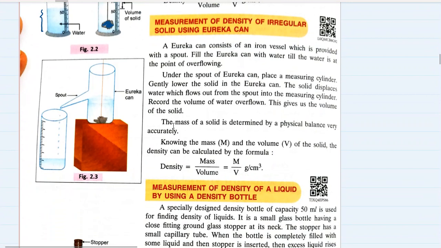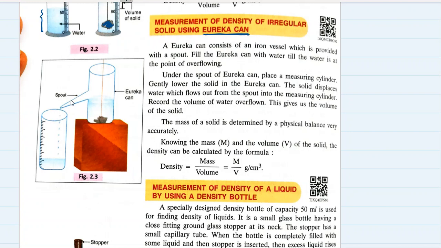Now there is one more way. You can use a Eureka can. Okay, Eureka can is a special device which is named after a very famous phrase of Archimedes. So what does this Eureka can do? Eureka can looks like this. It has a spout.